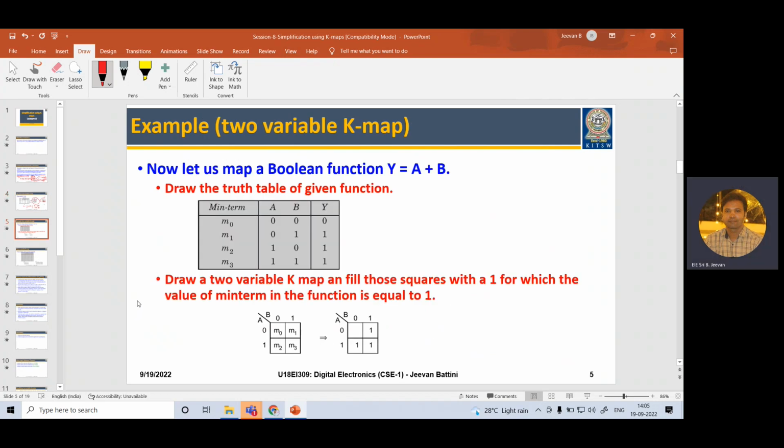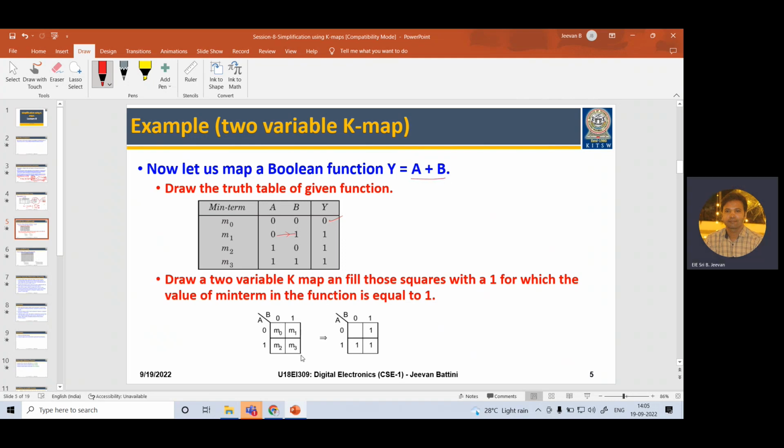Example, two variable K-map. Now let us map the Boolean function Y equals A plus B. First the truth table, which is a simple OR operation. 0 plus any 1 will be 1, and 1 plus anything will be 1. If both inputs are 0, the output is 0. How many variables are there? 2.